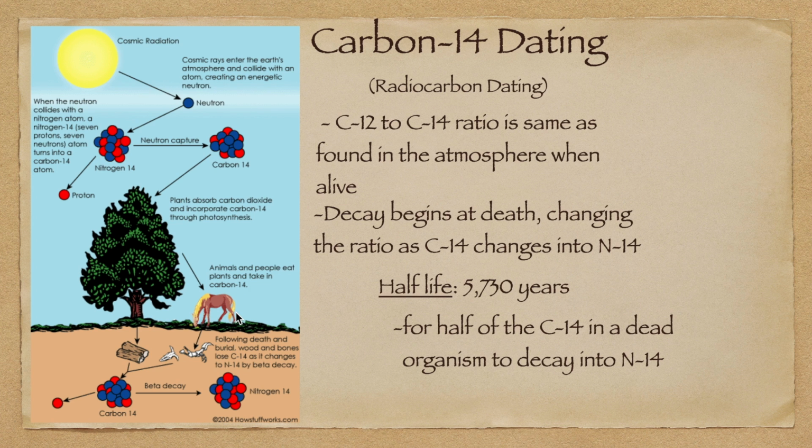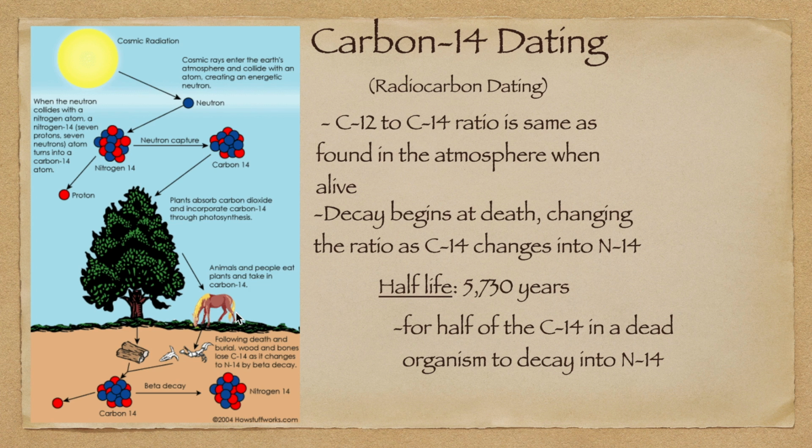But as soon as the organism dies and is no longer taking in C14, it's no longer taking it in by breathing or eating, the C14 starts to break down and no new C14 is coming in.